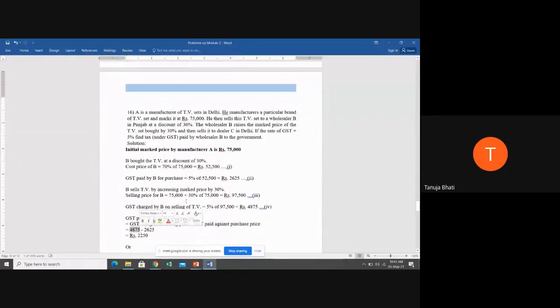Output tax is the amount of tax that B is collecting from C, which is 4,875, minus the tax that B has already paid on its purchases, which is 2,625. So the difference is 2,250, the amount of GST to be paid by wholesaler B to the government. So this is one way in which you can present your answer.